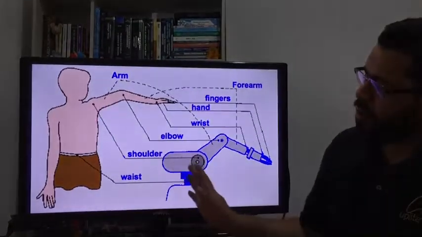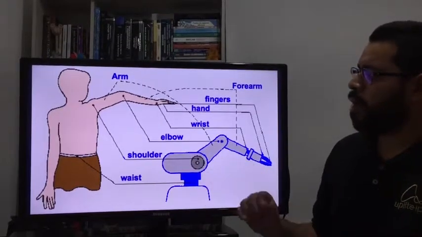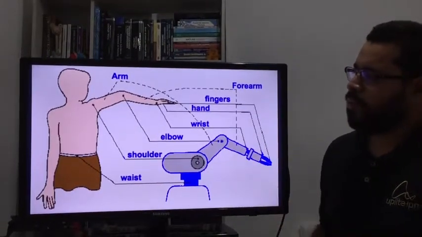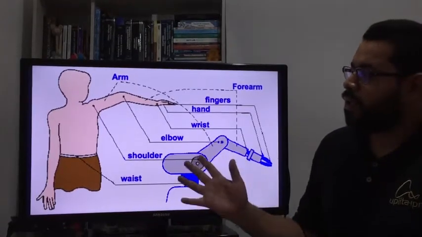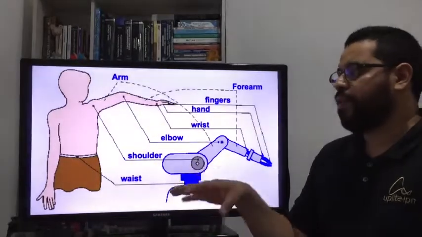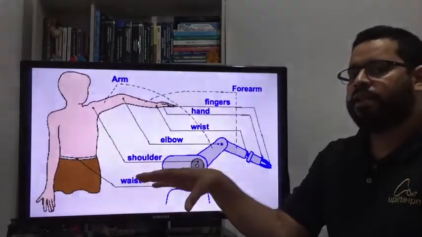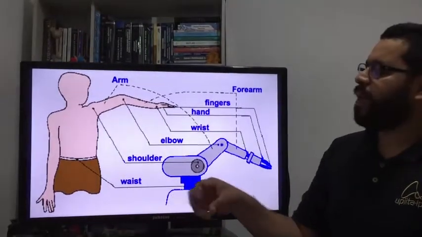In this image we can see some similarities between a person and the robot. Which are those similarities? Normally we can say that there are three joints associated with the position of the tool in the space, and three joints associated with the orientation of the tool in the space.